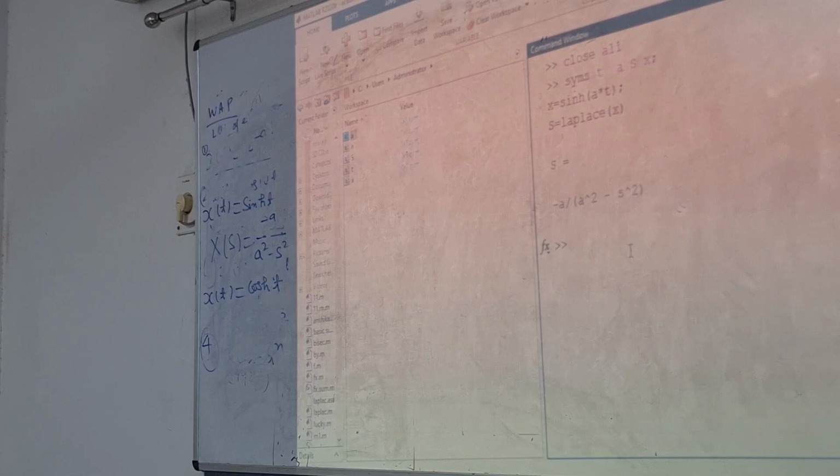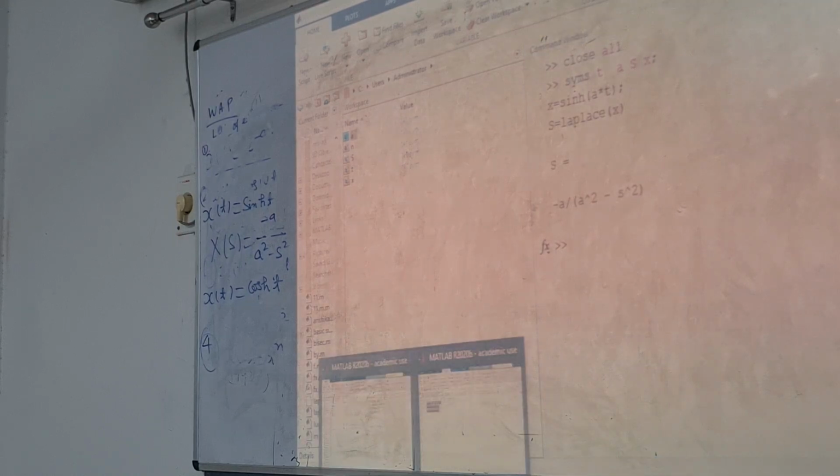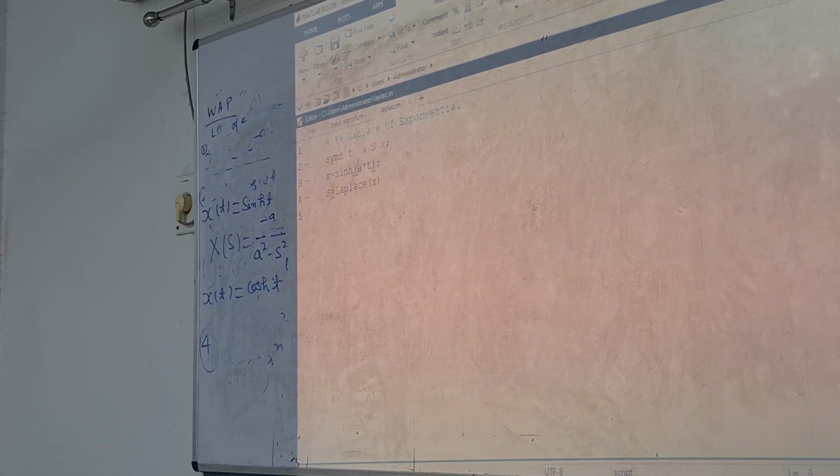You have written cosh instead of sinh, and then you have changed the syntax. Simply, you have changed the syntax. Cosh, okay, cosh(at).